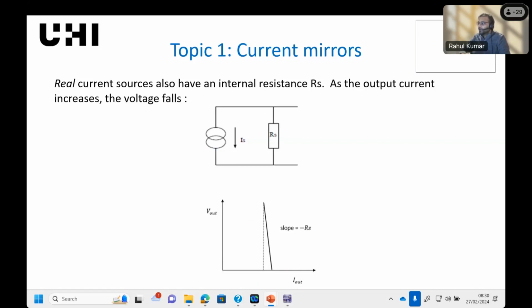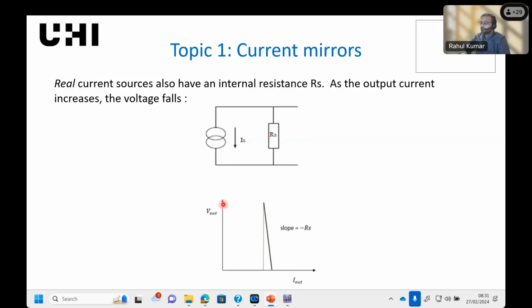Similarly, for a real current source, because of internal resistance in parallel, to have a bigger voltage, the current will decrease by a small value. Okay.